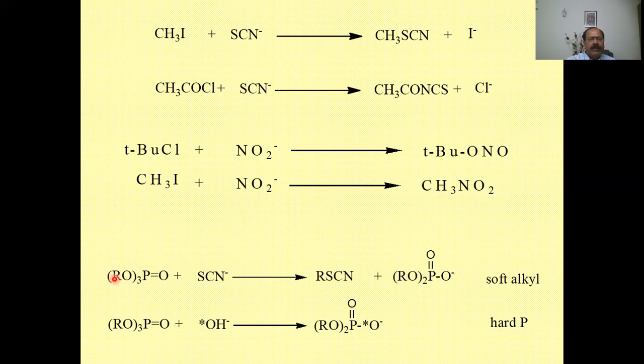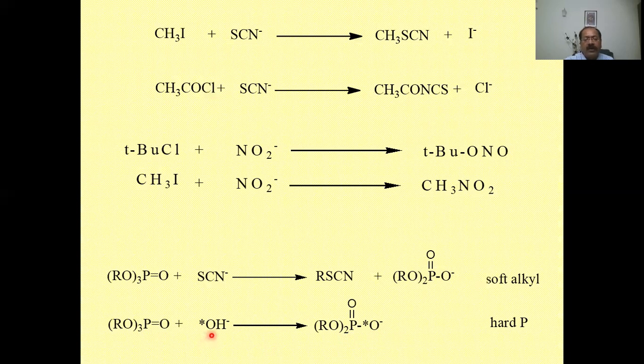If we have trialkoxyphosphine oxide and do its reaction with thiocyanate and hydroxide, you see hydroxide is harder. So in this molecule, P=O is polarized and there is a partial positive charge on phosphorus. This is the harder end and it attacks phosphorus. And we can see we get this product and the alkoxide is lost.